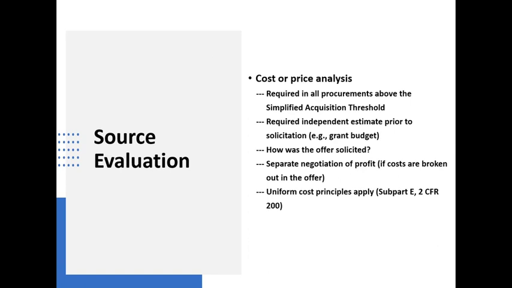In other words, does the contractor need to spend money on that type of element? Are the amounts involved reasonable? And is there sufficient benefit to the project to justify that? Now, this is where the uniform cost principles also apply to the activity.